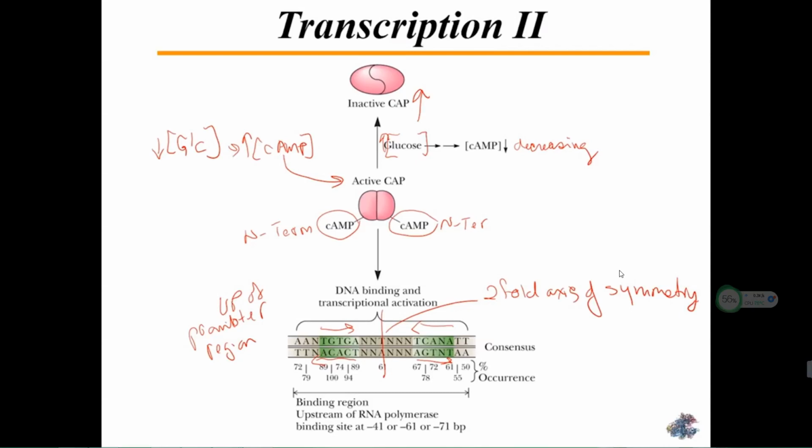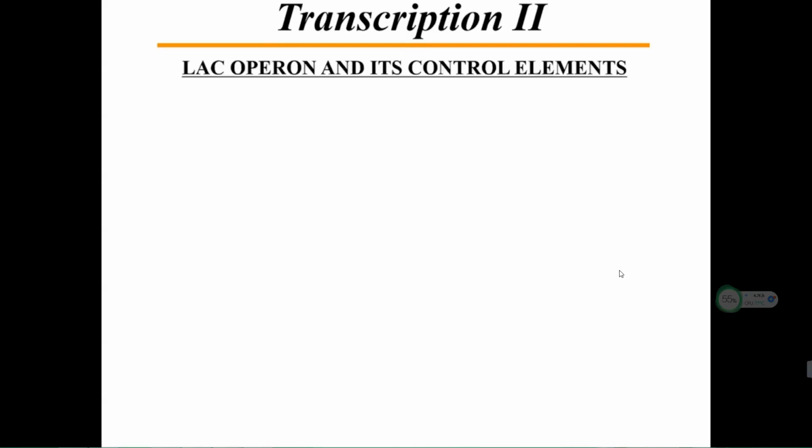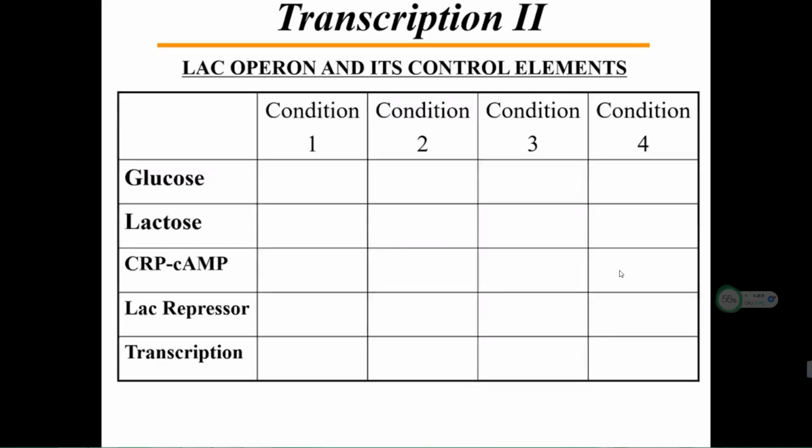Okay, so now we're actually going to look at some experimental conditions and apply the regulation of both the presence of lactose on gene expression of the lac operon and the presence of or activation of the CAP protein in experimental conditions with E. coli. So hopefully on your slides you have this table, and it's not filled in, so we're going to fill it in together.